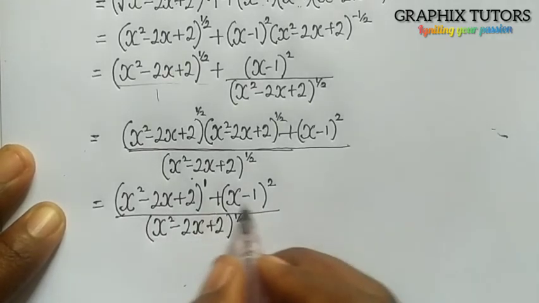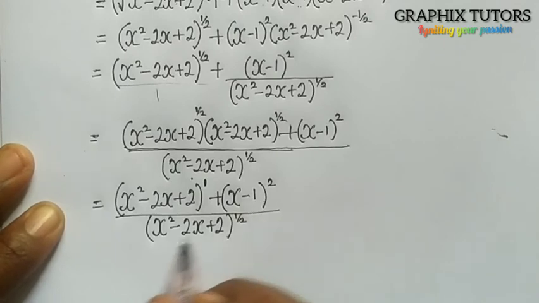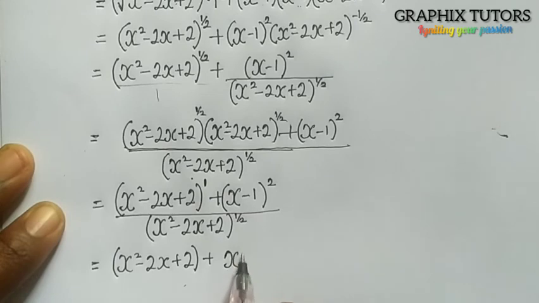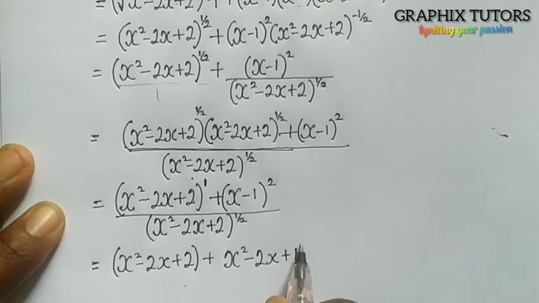Now if you expand this x minus 1 squared, you are going to have this equals x squared minus 2x plus 2, plus x squared minus 2x plus 1.